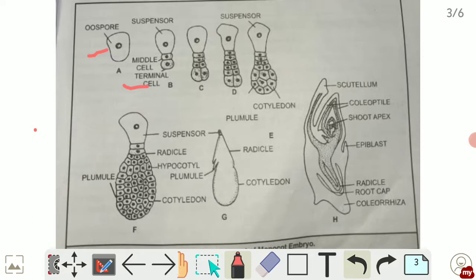Here the basal cell is not divided and forms the vesicular cell, and the terminal cell is transversely divided and forms two cells. One is the middle cell, another is the last cell. Then the middle cell divides transversely and forms two cells.